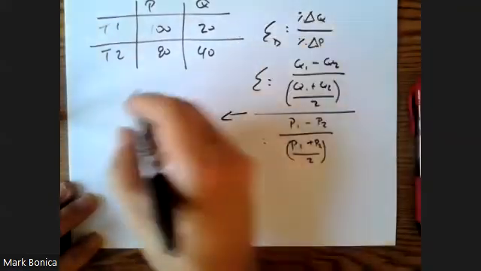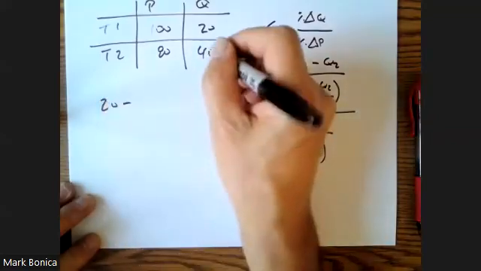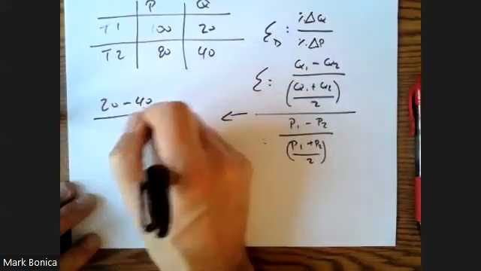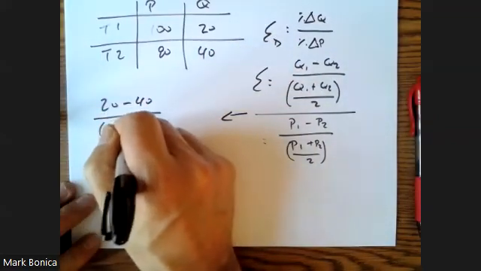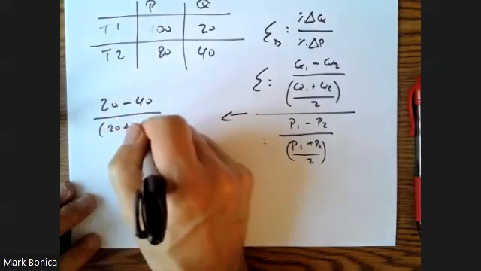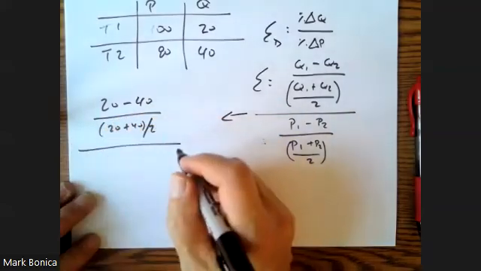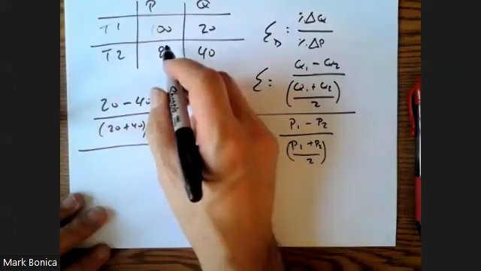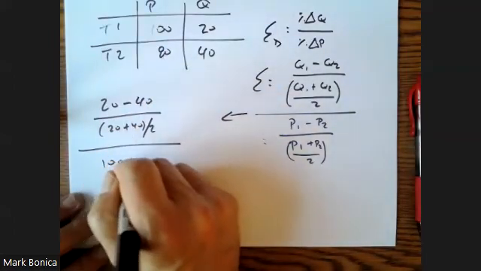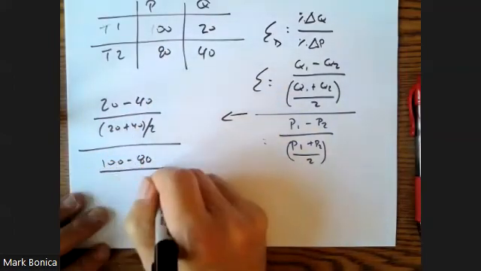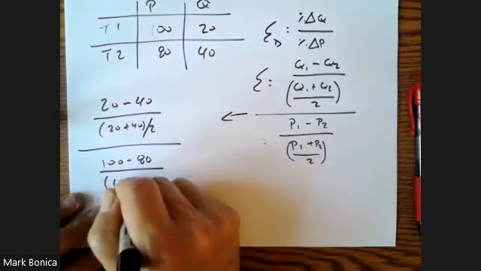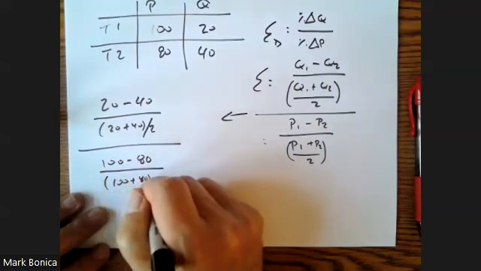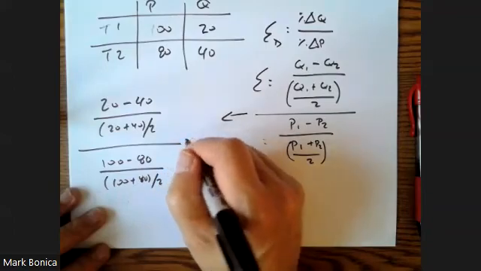So Q1 20 minus 40 divided by 20 plus 40 divided by 2, all over P1 100 minus P2 80 divided by 100 plus 80 divided by 2.